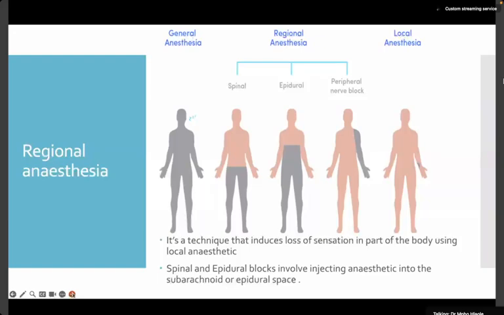Regional anesthesia is the technique that induces loss of sensation in a part of the body using local anesthetics. In spinal anesthesia, the space that we inject local anesthetic into is the subarachnoid space, and in epidural, it is the epidural space.